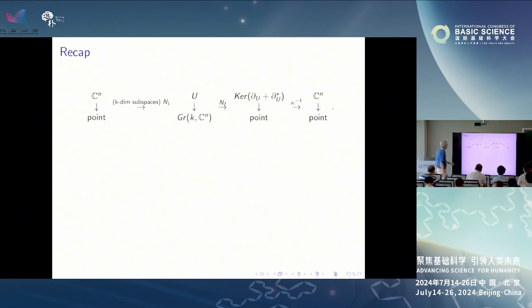That's the first association, which I call N1. Then, given that second piece of data, I've associated the kernel of a Dirac type operator, which is again a vector space, but I think of it as a vector bundle over a point. And finally, this map kappa, although the way I've written it must be kappa inverse, tells me that I had the same thing I started with, Cn over a point.